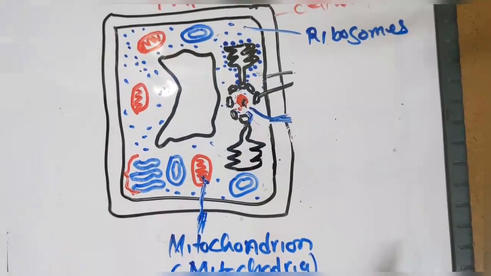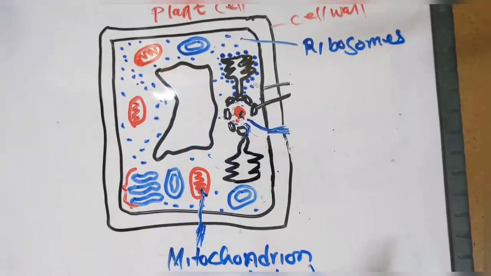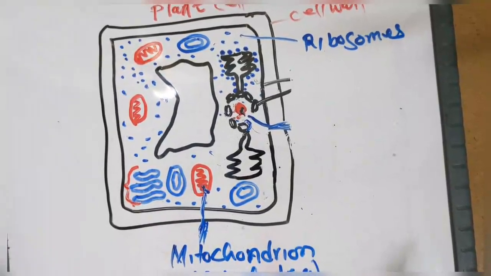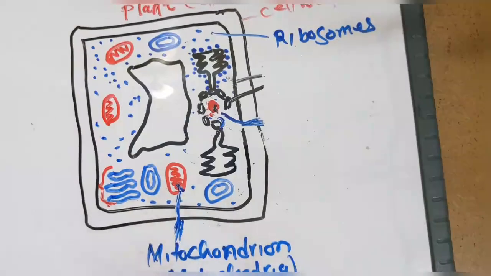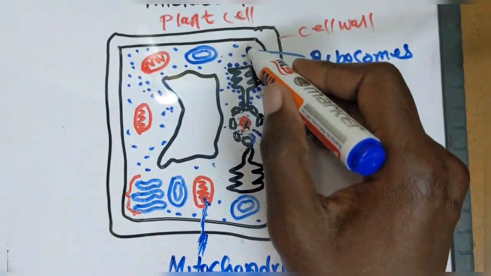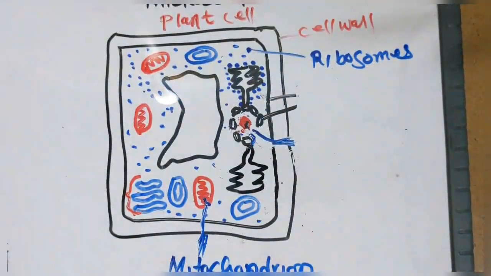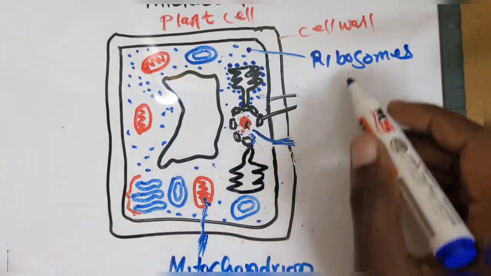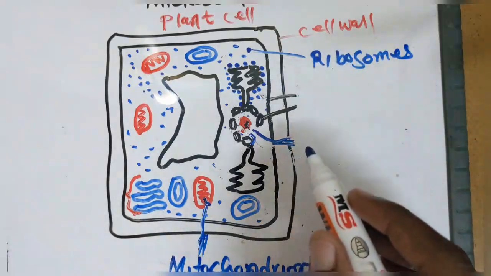To synthesize is actually to manufacture, to make proteins. So in the ribosomes is where proteins are made. That is what I mean by protein synthesis.